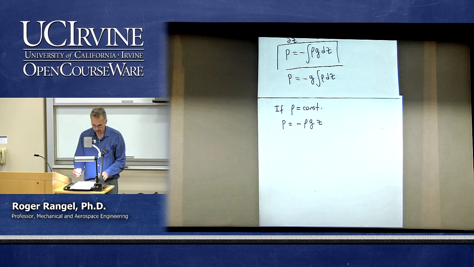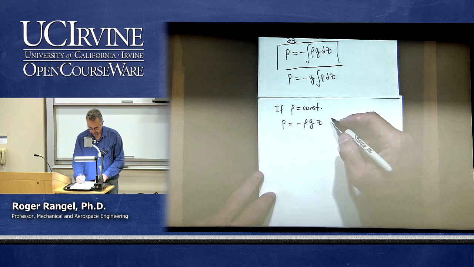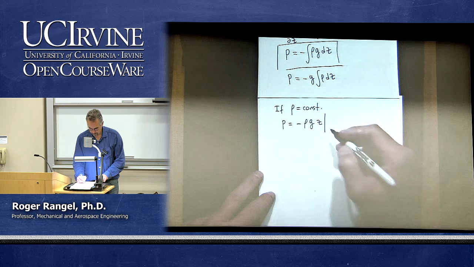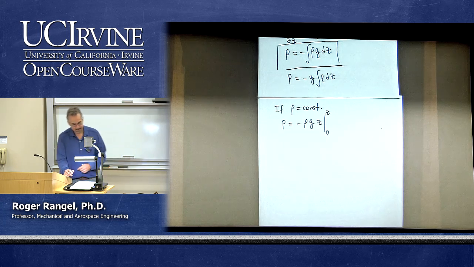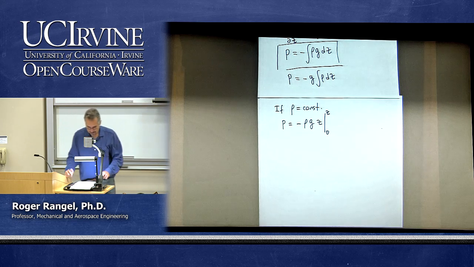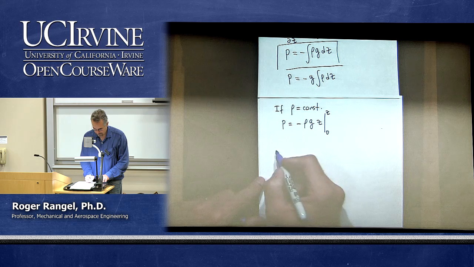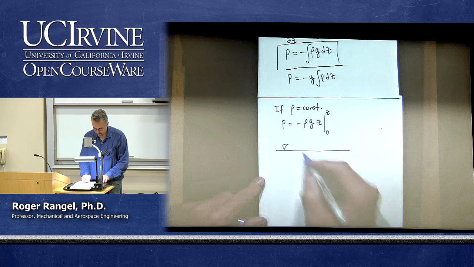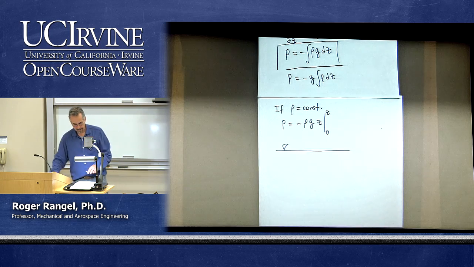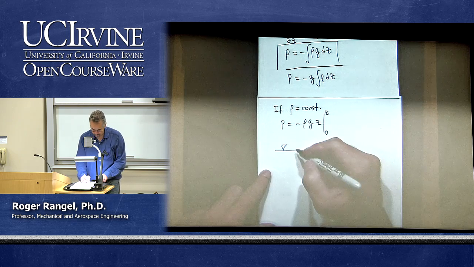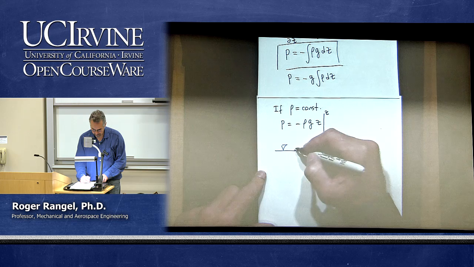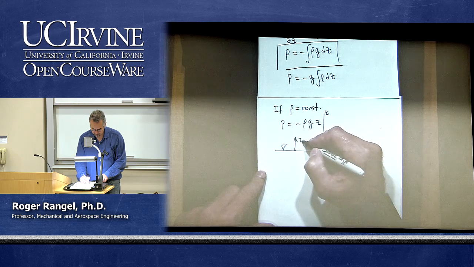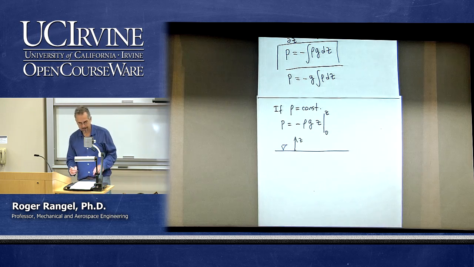Again, it depends on what your limits are. You may have to decide where to put the zero reference level and where to put the z. For example, if you're doing a problem from the surface of the liquid down, then you may want to put your coordinate system here, starting at the surface. But if I make z pointing in that direction, then of course I'm going in the negative z direction.